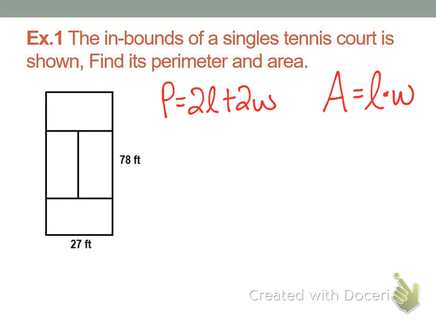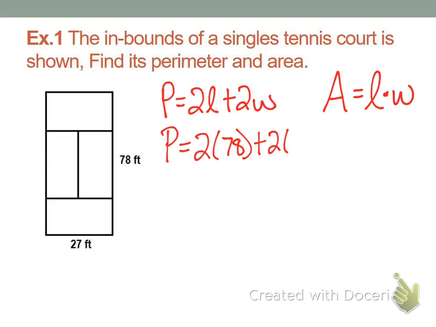Alright, so I rewrote the formulas that we should be using up there for a rectangle. Does it matter a whole lot what I call my length and what I call my width? No, it doesn't really matter. So your length and your width are not really going to matter which is which. So what did we plug in for our L? Okay, sure, works for me.